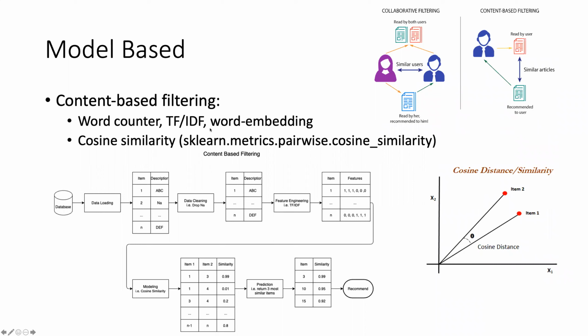That will be introduced in the NLP class, so I will skip those here. After that, we can do feature engineering for the description. We can use TF-IDF to convert that into a vector, or we can use word embedding to convert that into a vector. And then using this vector, we do the cosine similarity.